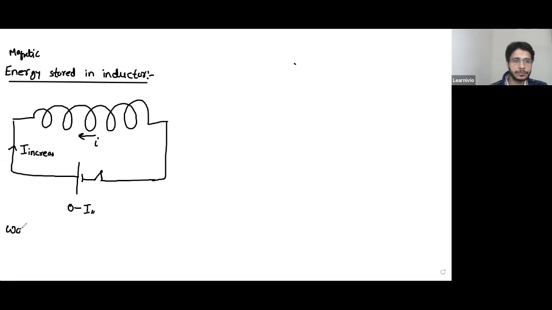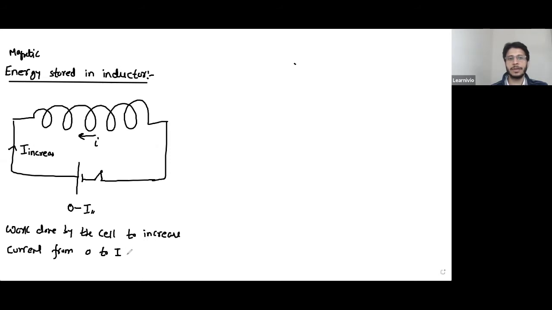So the work done by the cell to increase current from 0 to I gets stored in it in the form of potential energy.